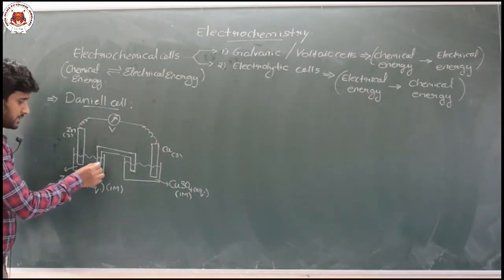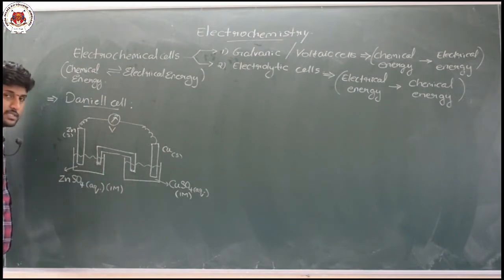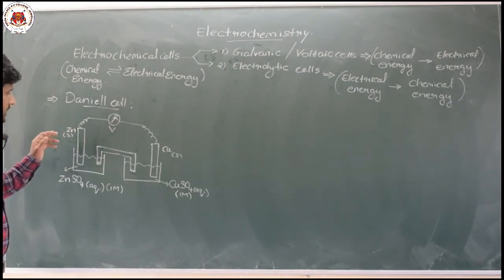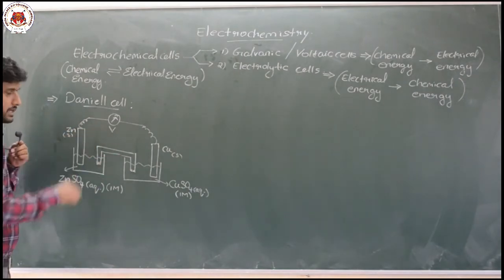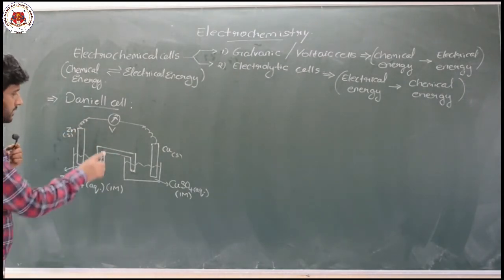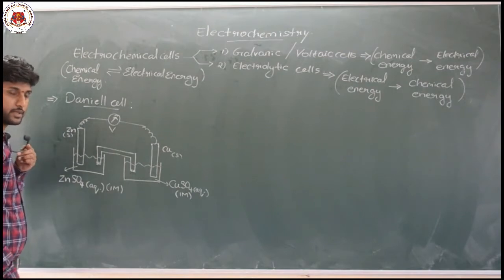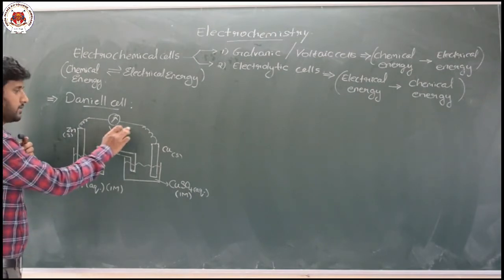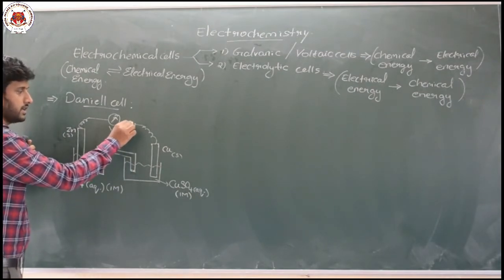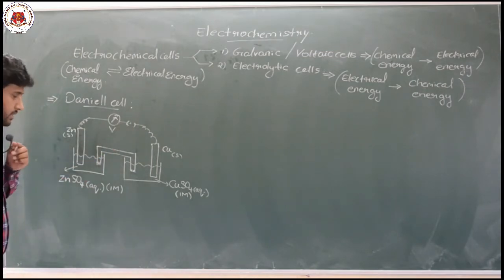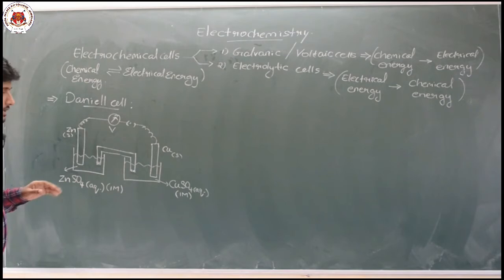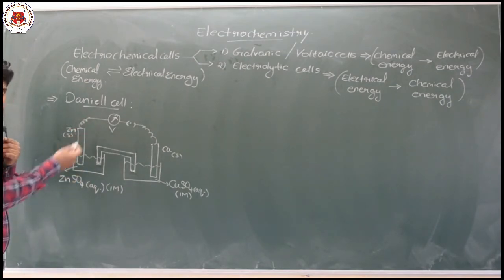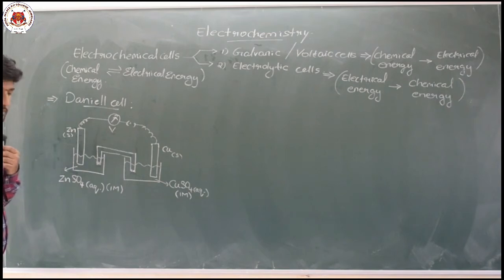Now what happens when both of these electrodes are connected through a voltmeter, and once the key or switch is on? You will observe that the voltmeter starts deflecting, and current starts flowing.